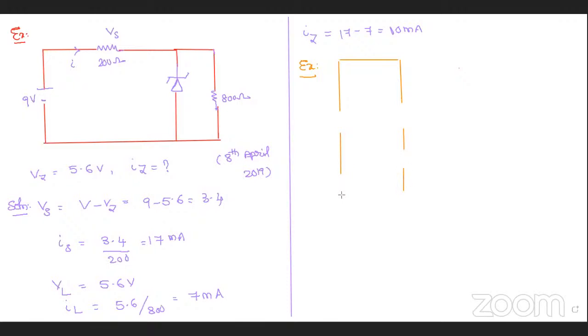Of course, these two are connected like this here. And then what he did, across this resistor he connected the Zener diode and one more resistor.